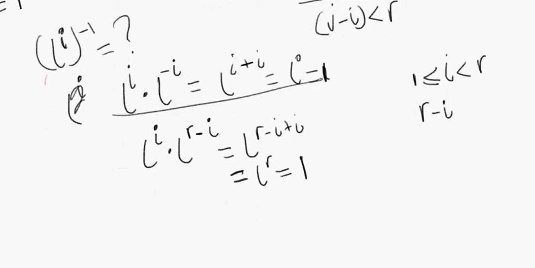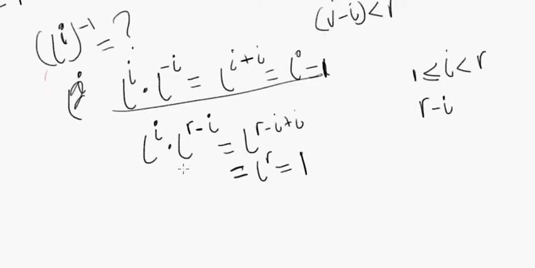Okay. But the question may still be, how do you know that L to the R minus I is an element of the set H? Well, if I is less than R and I is at least 1, can't we say that R minus I is certainly less than R and is certainly at least 1? Let's see if you buy this idea.